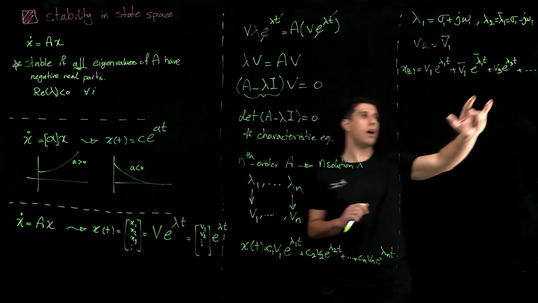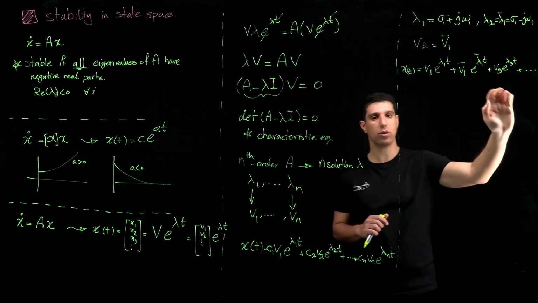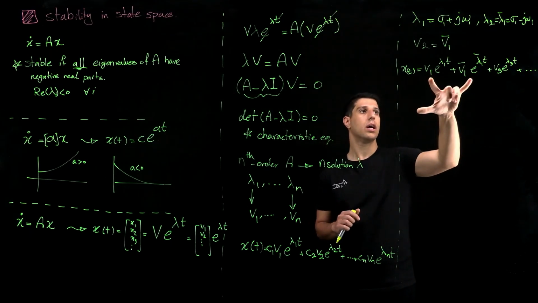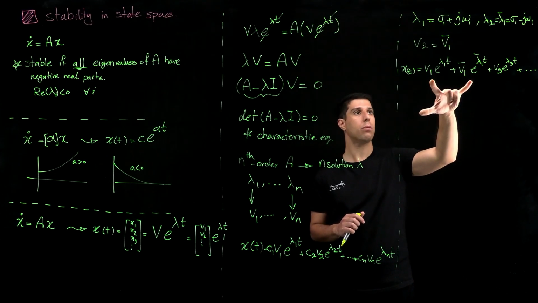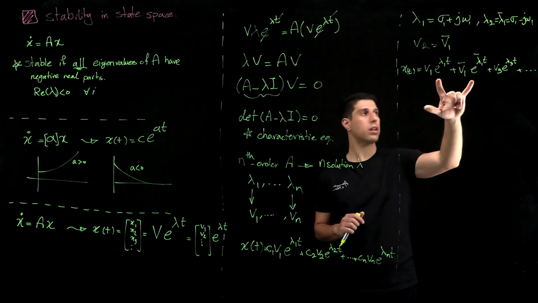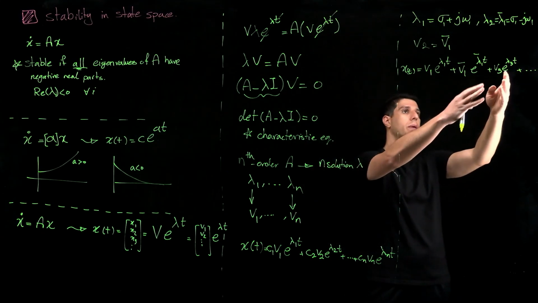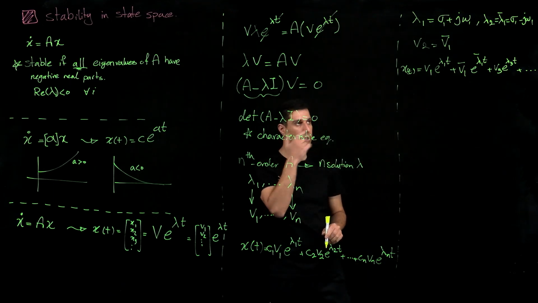So if I have a real eigenvalue, the corresponding solution will look like that. For a pair of complex conjugate eigenvalues, the solution will look like this, and the rest of them will be either complex conjugate pairs or real ones, so they look similar to those.